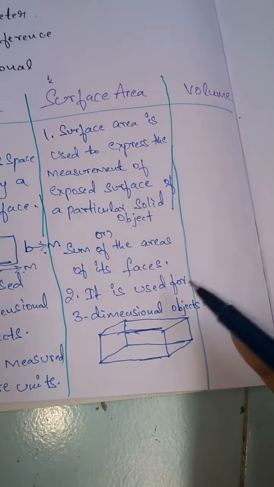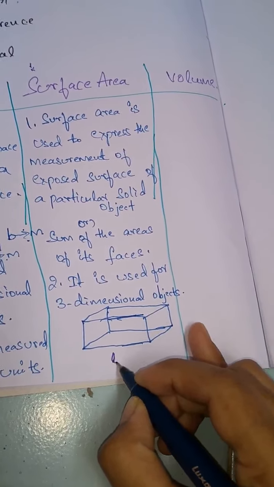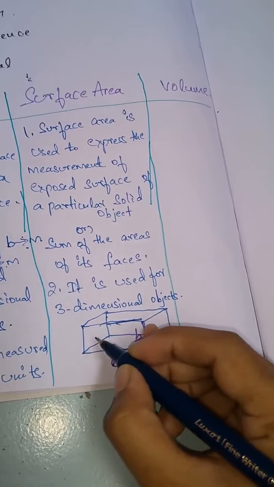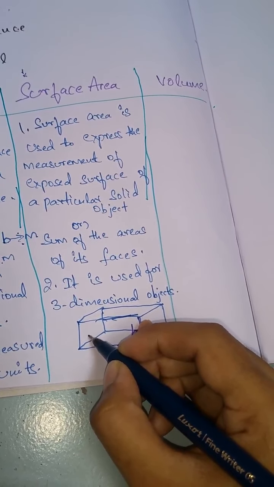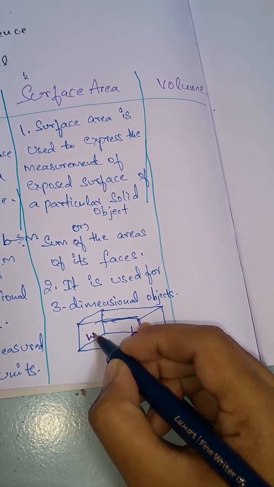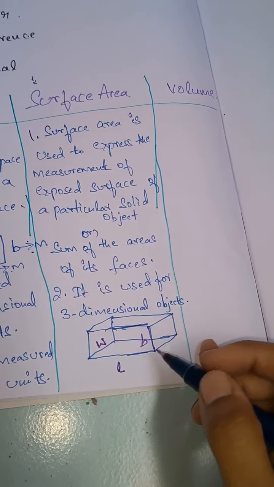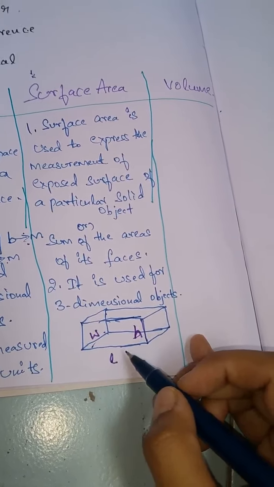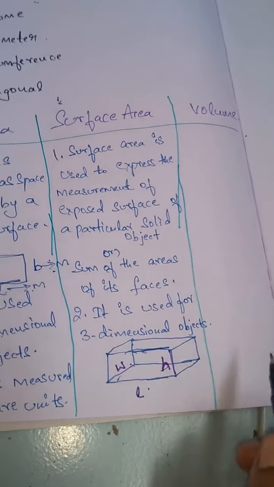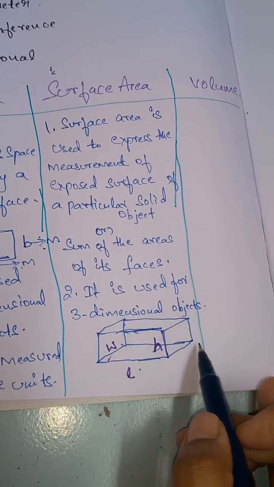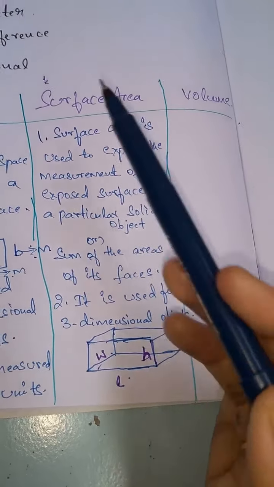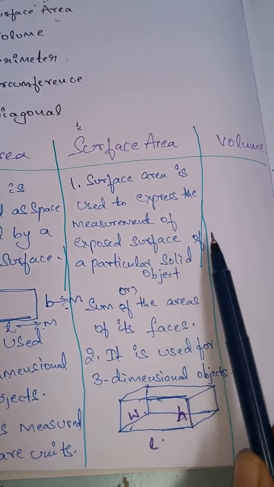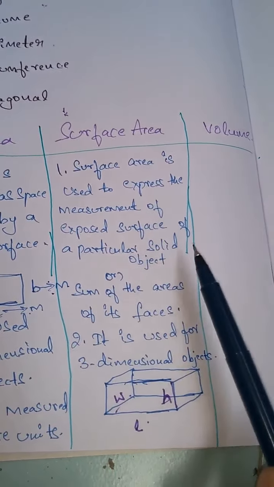Three dimensions means this is the length, this is the breadth, this is the width, or else this is the height, this is the width. L, H, W. These are the three dimensions. So here surface area means the sum of the areas of the exposed surfaces of a particular solid object.